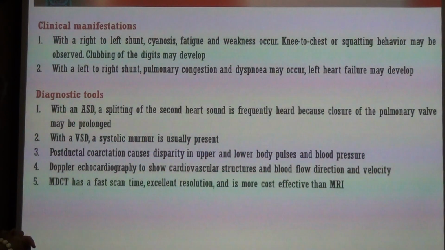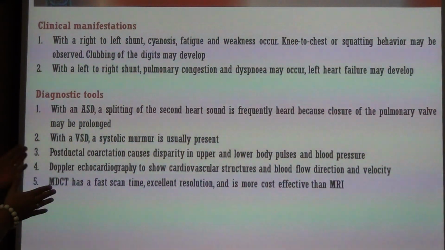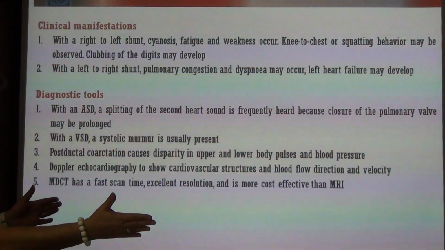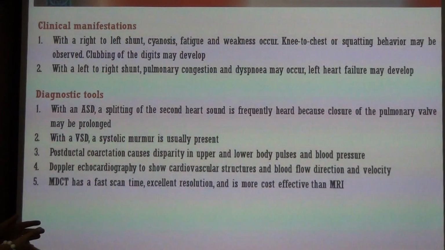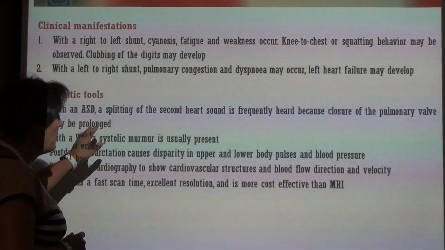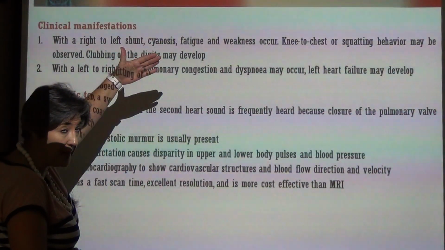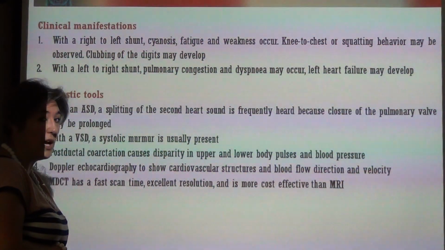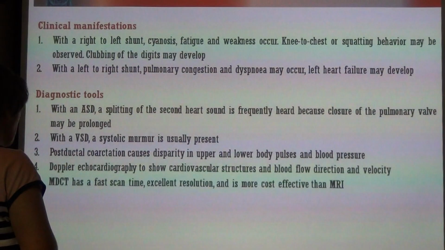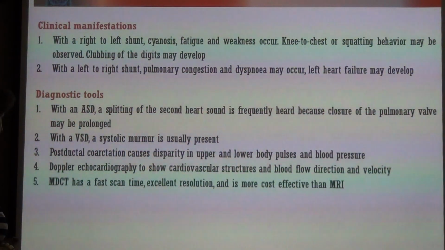With the postductal coarctation, that means the PDA is situated after the coarctation, usually there will be differences in lower and upper body blood pressures, due to the fact that preference will be lent to the delivery of blood to your upper body rather than your lower body. And that's where the disparity in your blood pressure comes from.